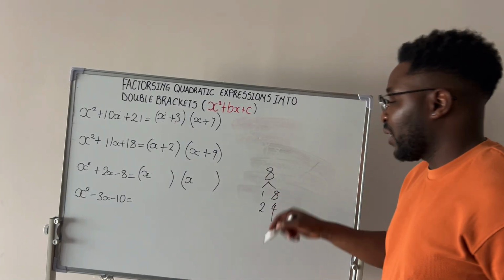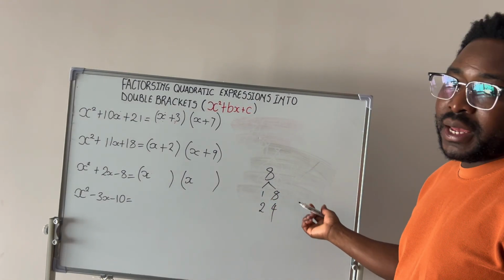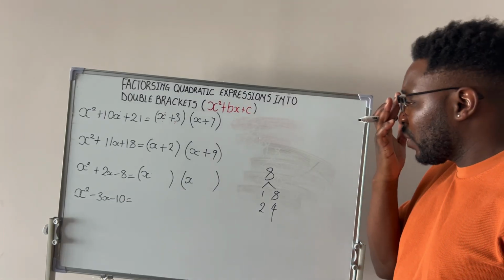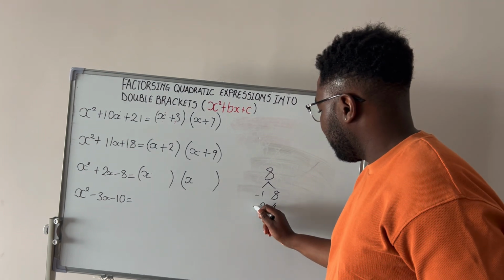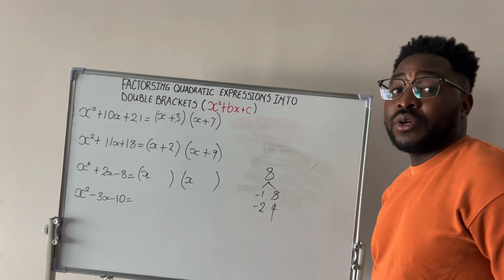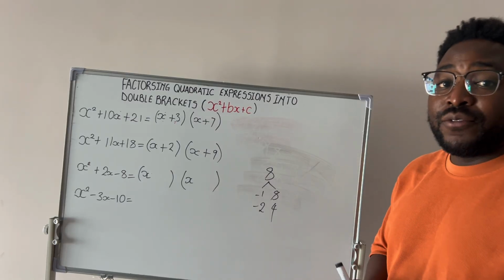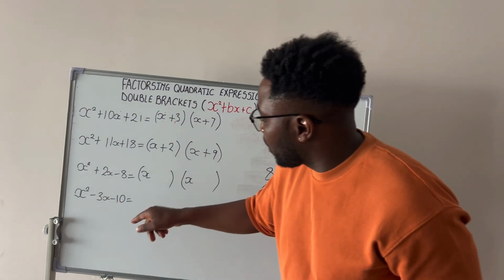But look at this: 1 multiplied by 8 is positive 8, 2 multiplied by 4 is positive 8 as well, but we're looking for negative 8. So we can simply add negatives, and if you multiply them, they'll give you negative 8.